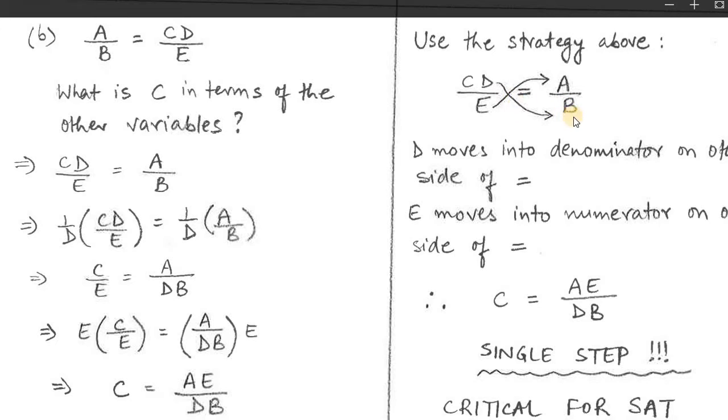So d will move down and e moves up into the numerator. So you're left with c equals a times e divided by b times d, right? So that's what's written here.